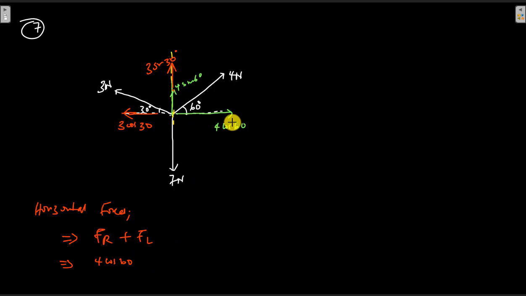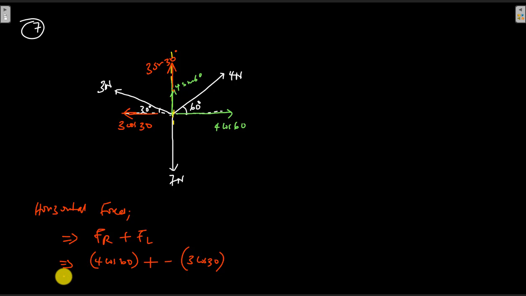Any other force to the right? We actually don't have any. Plus, all forces to the left are negative, so I'll indicate negative before adding them here. We have 3 cos 30. There is no other force in the horizontal direction.